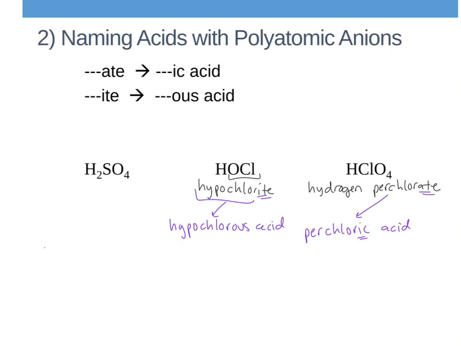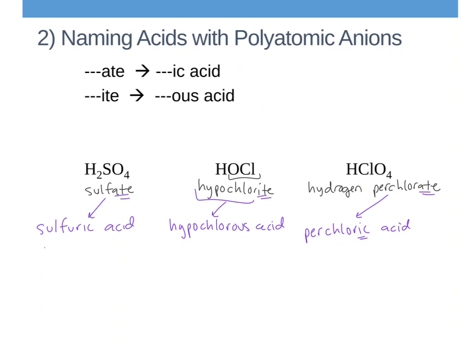Now, hydrogen sulfate, right? Again, I'll just write the sulfate so that we can look at it. Hydrogen sulfate is a weird one. I don't know why this is weird, but sulfate, I mean, you'd think we would do the exact same thing where we take the ate and make it ic, but we actually keep the word sulfur and it becomes sulfuric. Sulfuric acid. There is no such thing as sulfic acid, which was what you might think it's supposed to be, but it's just not.